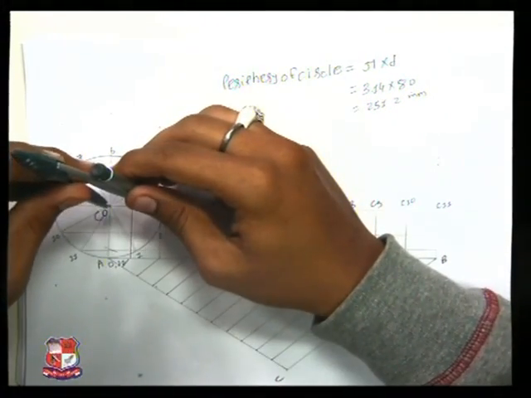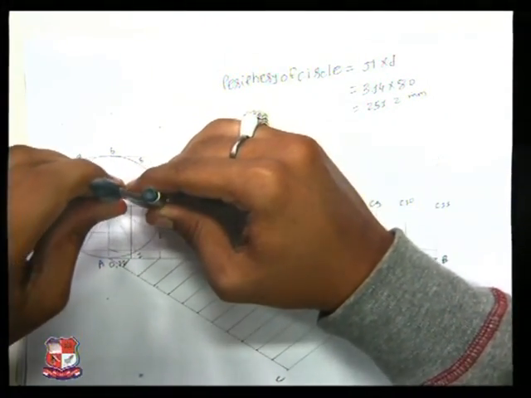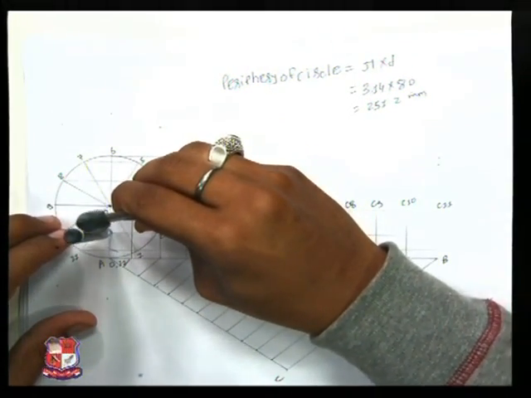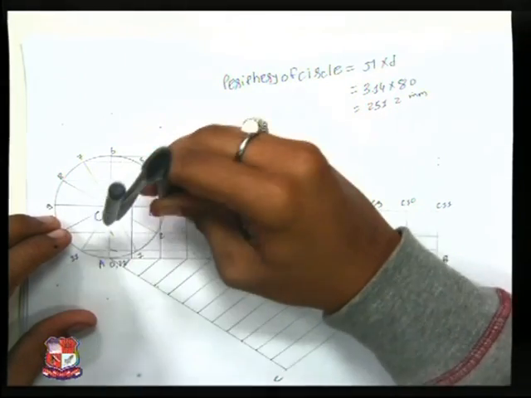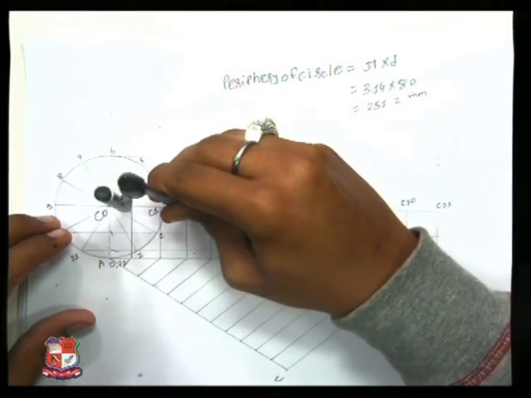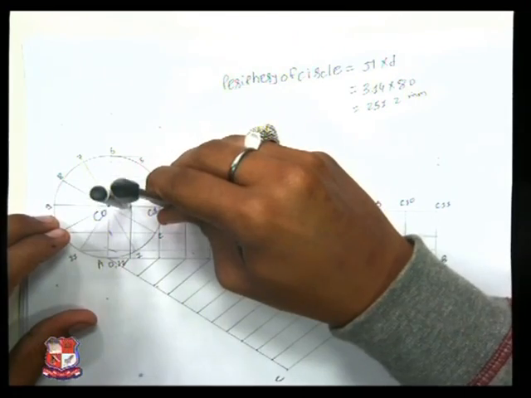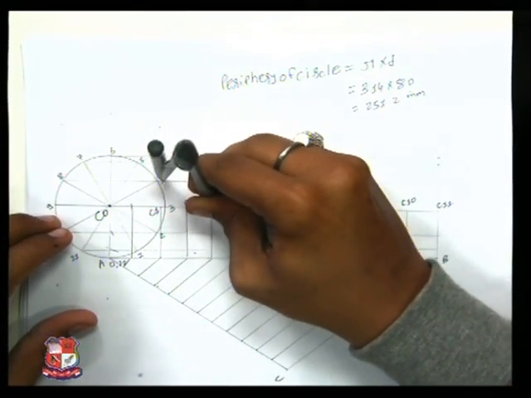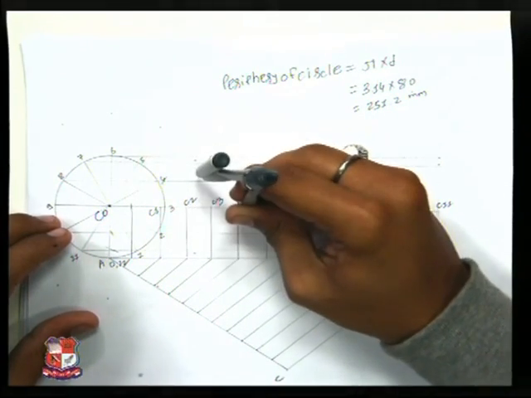Taking the same radius of 40, with C2 as center, mark an arc on the second line. C3 as center, mark an arc on the third line. C4 as center, arc on the 4-8 line.